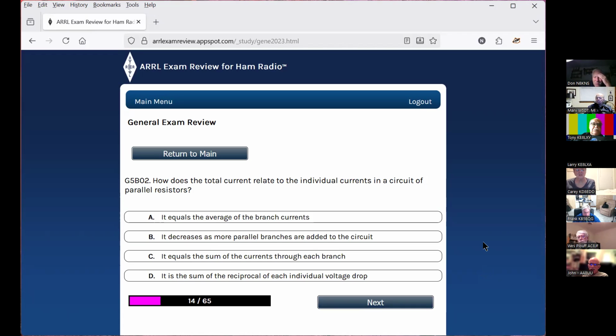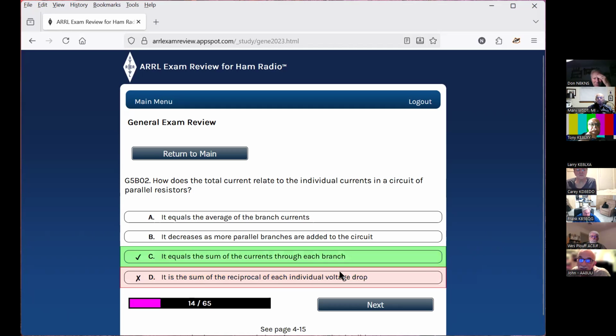I think it's D, delta. Any other guesses? It's either C or D. D is wrong. The total current in the circuit is equal to the sum of the currents in each branch.